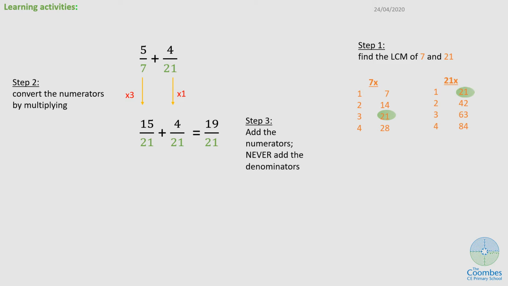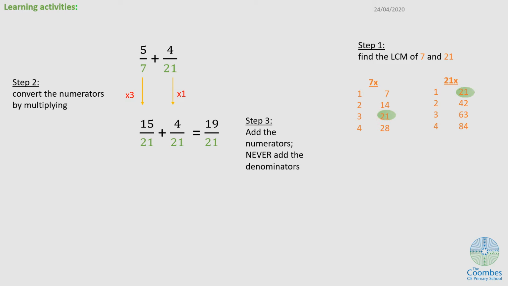I'll do the multiples of 21 and see if I see a common multiple. So the 21 times table, 1 times 21 is 21. I stop there because I can see there's a 21 here as a multiple, and also there's a 21 here as a multiple.